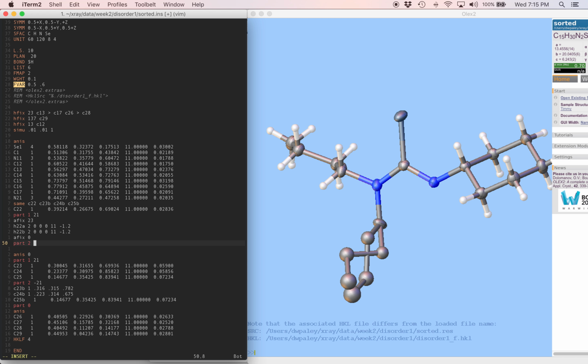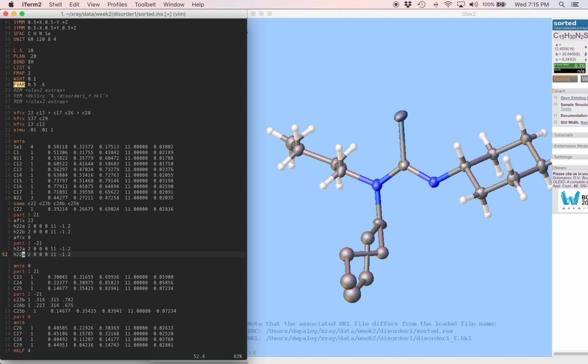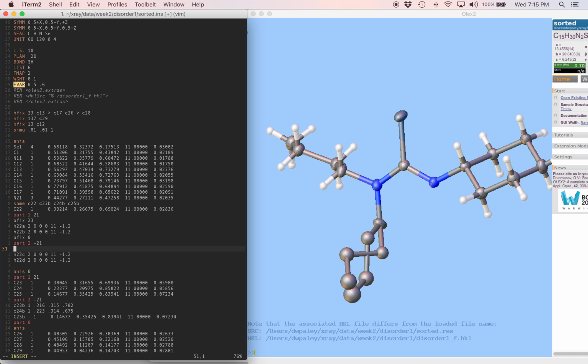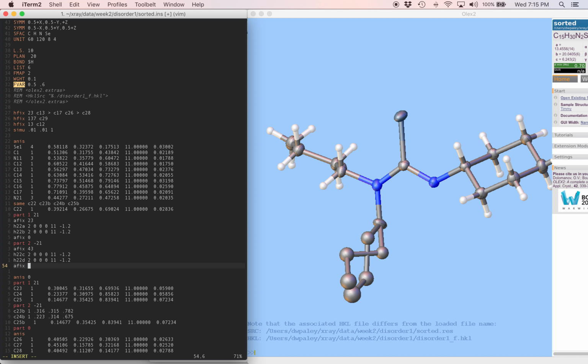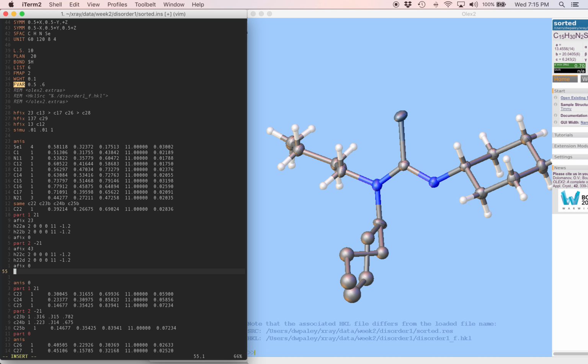This has the occupancy of the second chain, which is minus 21. And I'm going to put two more of these. Change the names. I forgot my AFIX instruction before these two hydrogens. This is AFIX 23 again. After this, AFIX 0 and part 0.